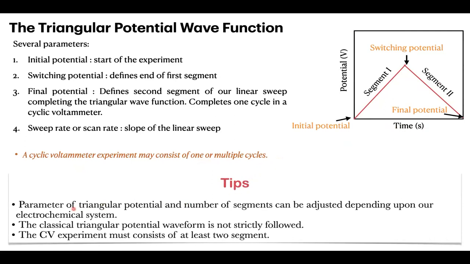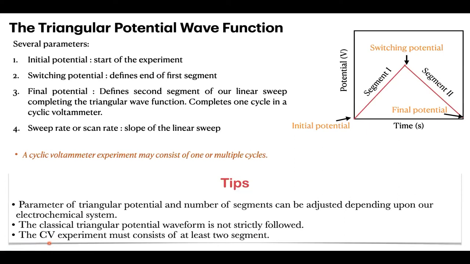The tip here is that the parameters of the triangular potential that we have discussed above and the number of segments can be adjusted depending upon our electrochemical system. This is the classical triangular potential waveform, but it is not strictly followed.